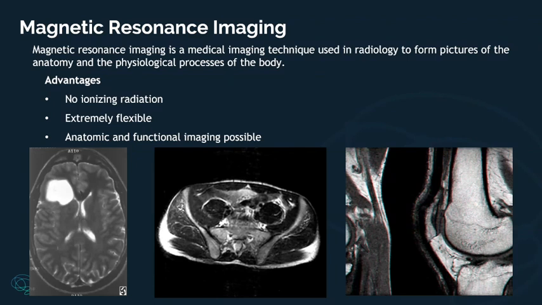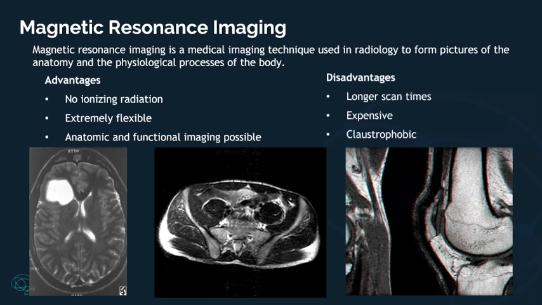It is also very flexible compared to some of the other modalities, in that it has multiple physical and instrumental parameters which can be adjusted to get new information. This can be good or bad, but mostly good. It also makes anatomic and functional imaging possible compared to other modalities. So essentially, it's a very, very flexible instrument.